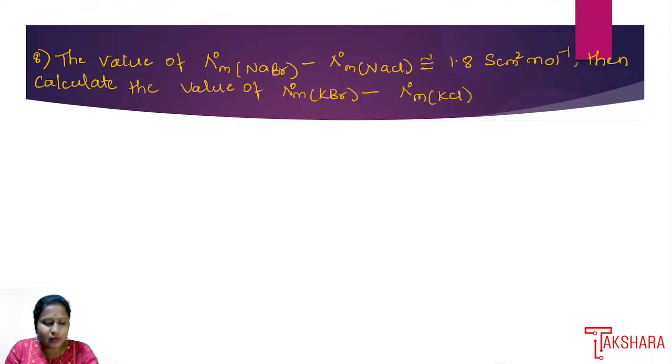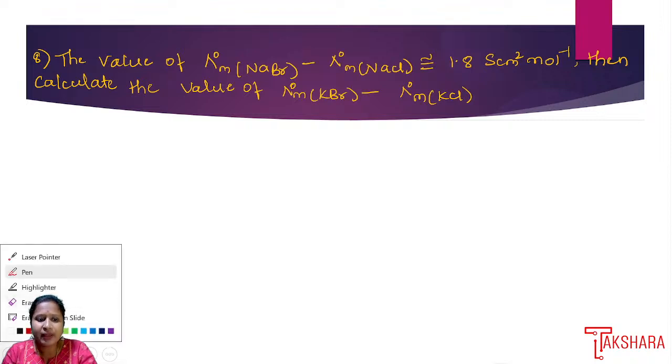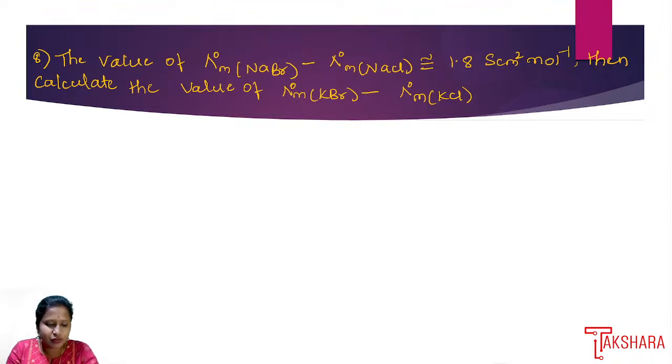So based on this question, the given value of lambda naught m of NaBr minus lambda naught m of NaCl is approximately 1.8 Siemens centimeter square per mole. Then by using this data we need to calculate lambda naught m of KBr minus lambda naught m of KCl.